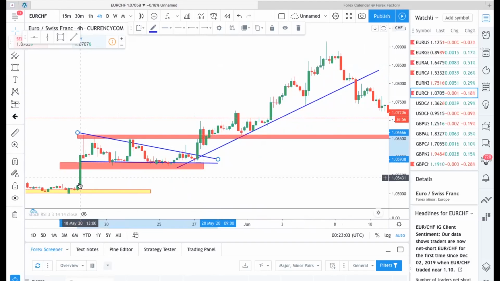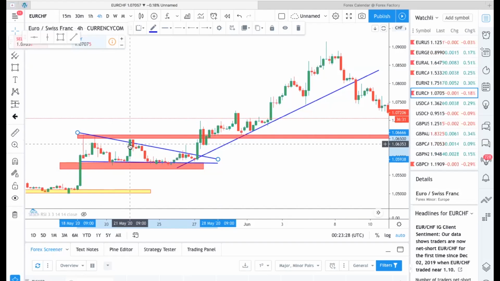So now let's look at this. We have what is it, Euro Chef? We have a big push to the upside, but then we have consolidation for a long period of time right here, and we see a triangle forming. So this is telling us that each time price gets to this point, top of the triangle, sellers push it back down, and each time it gets to the bottom, buyers push it back up.